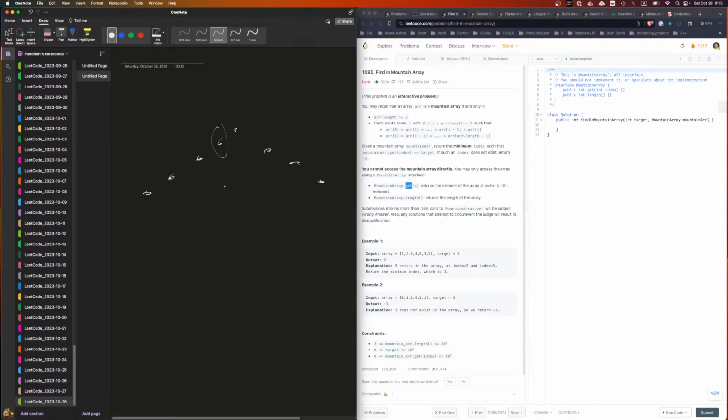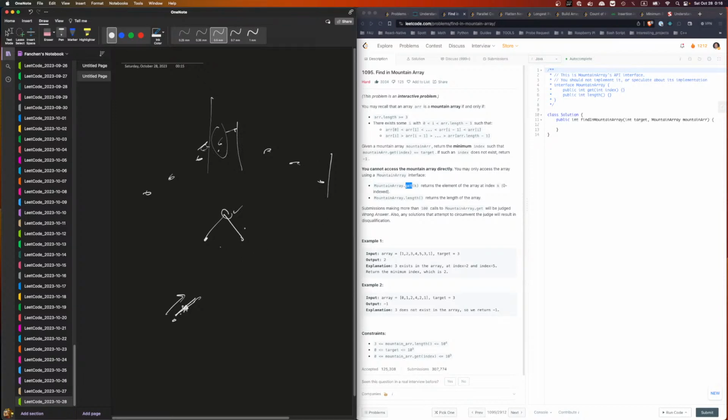Then we need to check if this is the peak, so we compare the neighboring elements. If that's the peak already, we're done. If it goes this way, then it's an increasing edge, so we will find the peak in this range, not even including this one.